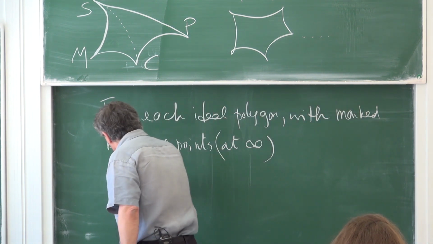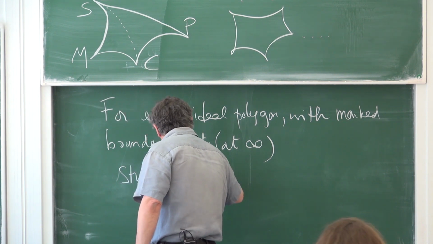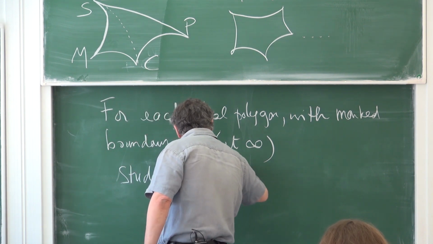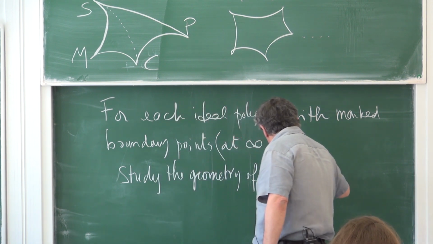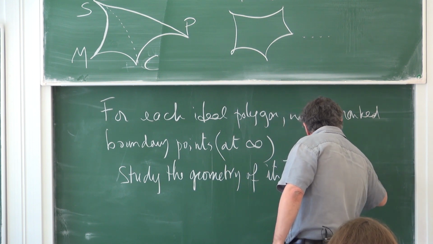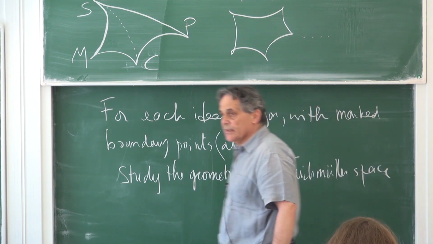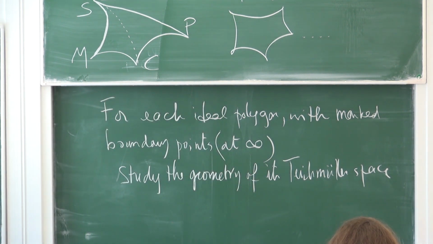First, we want to study the geometry of its Teichmüller space. This is a very simple example, in fact, but which I think is very inspiring, and it has not been done in detail.